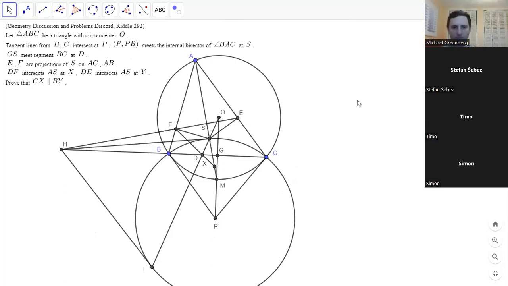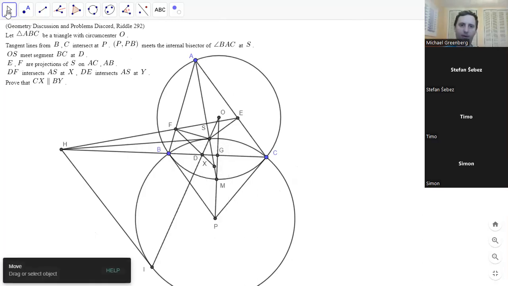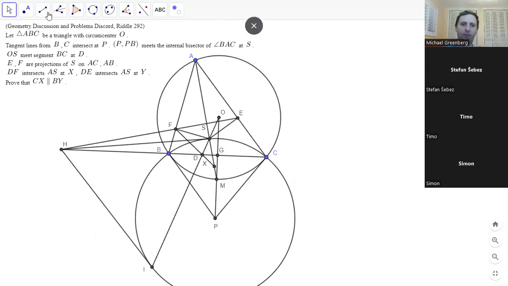Okay, so we want to show BE, CF, and AD concur.